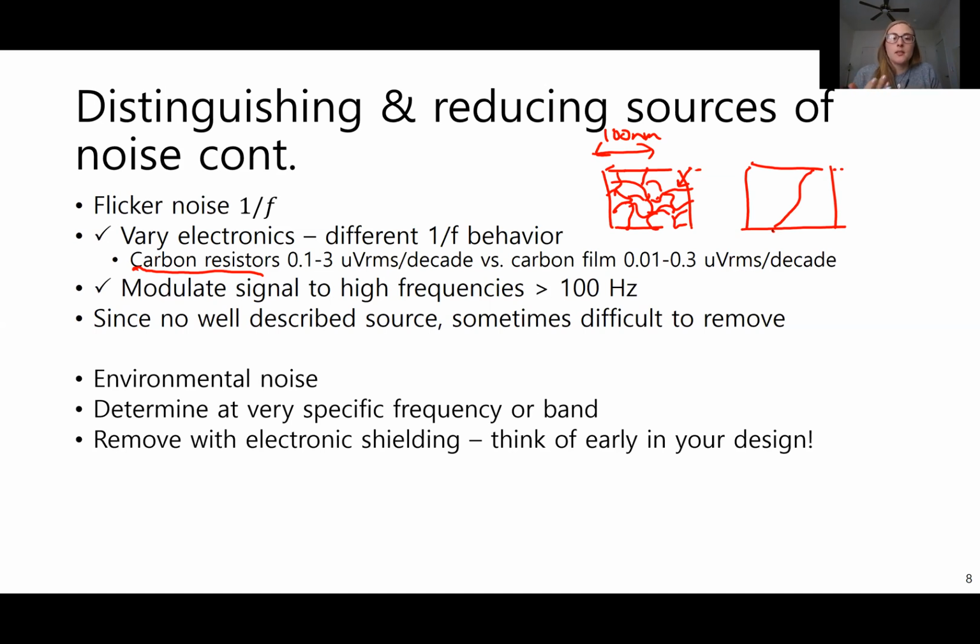But if you're trying to do low frequency measurements with some sensitive instrumentation, it might be worth buying these higher priced electronic components compared to what we're using in the lab. Also, because flicker noise is only prevalent below 100 hertz, if you have a way to modulate your signal so you can measure it at higher frequencies, you can overcome flicker noise as well.